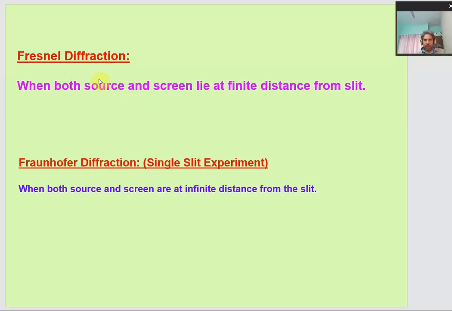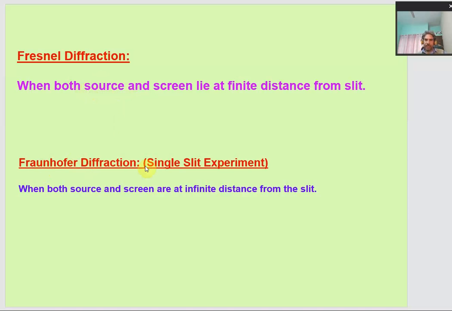If the source is at a finite distance, it will be producing spherical or cylindrical wavefronts, depending upon whether the source is a point source or a line source. Here we suppose that it is a point source, so it will be producing spherical wavefronts. The other kind of diffraction is called Fraunhofer diffraction.